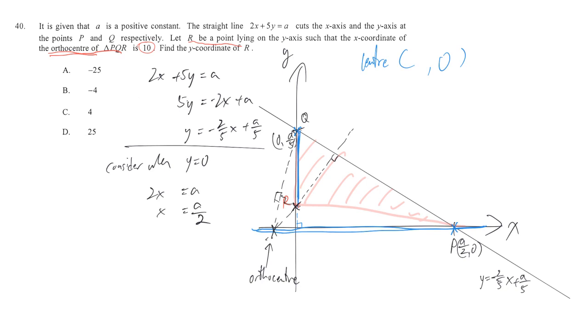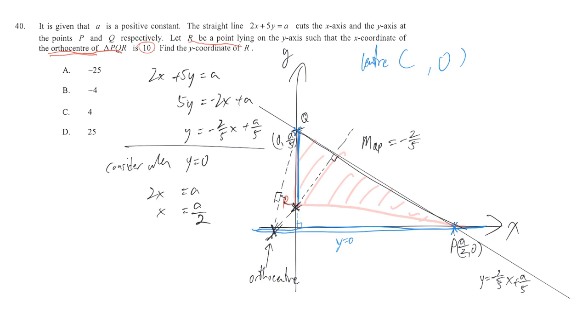The first line is easy, is y equal to 0, that means the x-axis. The second line, we can easily find out from QP, because we know the slope QP, which is equal to negative 2 over 5. We also know that it passes through some point. You may let a point here. And then finally, the intersection, the x-coordinate should be 10.